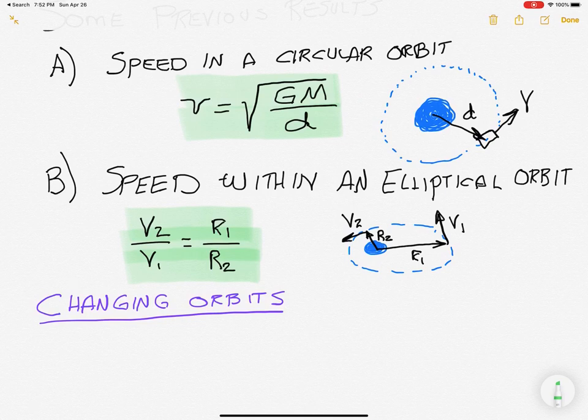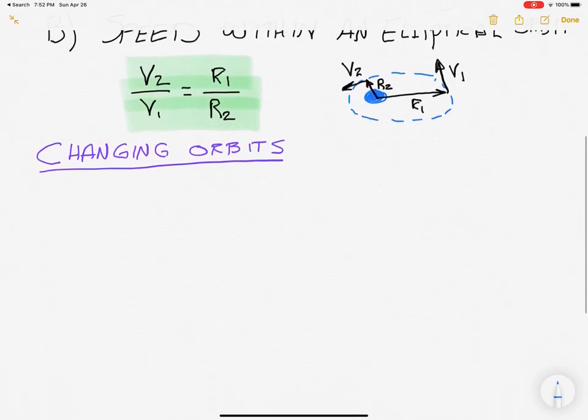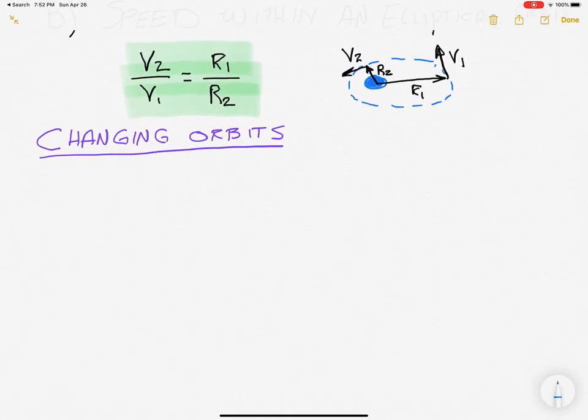Okay. So what we'd like to do in this situation is change our orbit to go from, let's get our massive body in here, I'll get it circular in a second, to go from an inner orbit to someplace farther out.